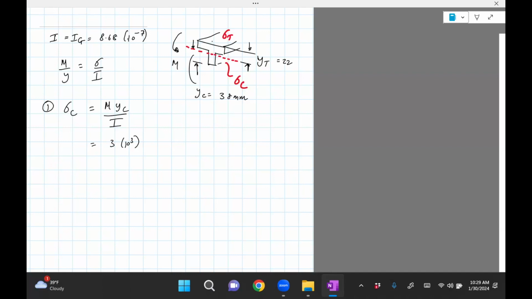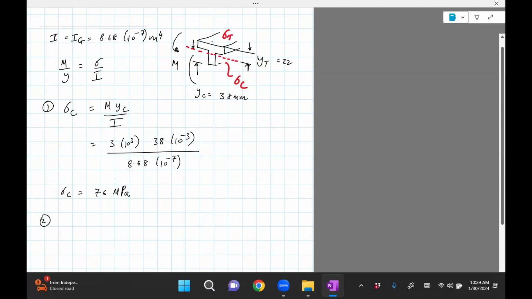YC is 38 mm. Let's convert it to meters. So 3 divided by I, 8.68, this is m raised to 4. So doing the math, sigma C comes out to be 76 megapascal.